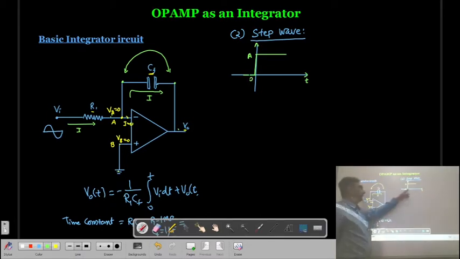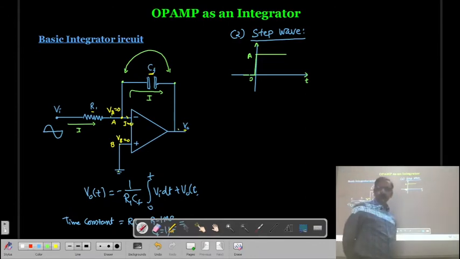So at the time t equal to 0, your input signal suddenly changes from 0 to A. The amplitude of the step wave is A, and then it remains constant.